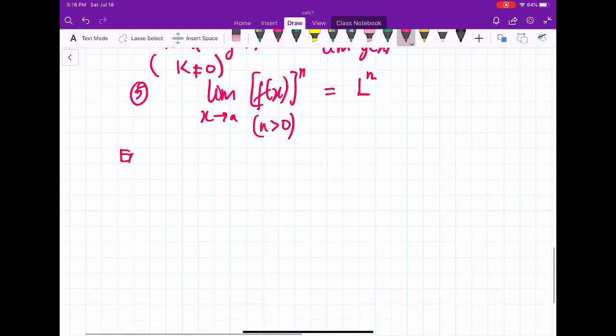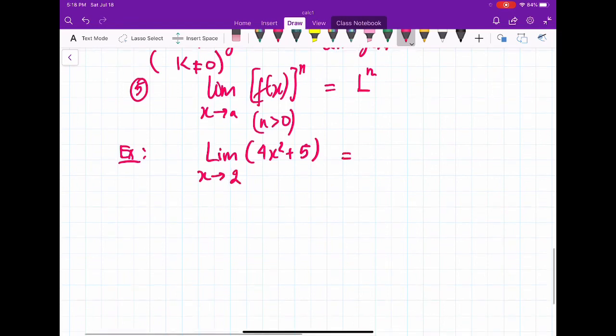Example, you need to find the limit of 4x squared plus 5 when x approaches, for example, 2. You plug 2 into the function, right? You get 4 times 2 squared plus 5. And that is what? 16 plus 5 is 21.